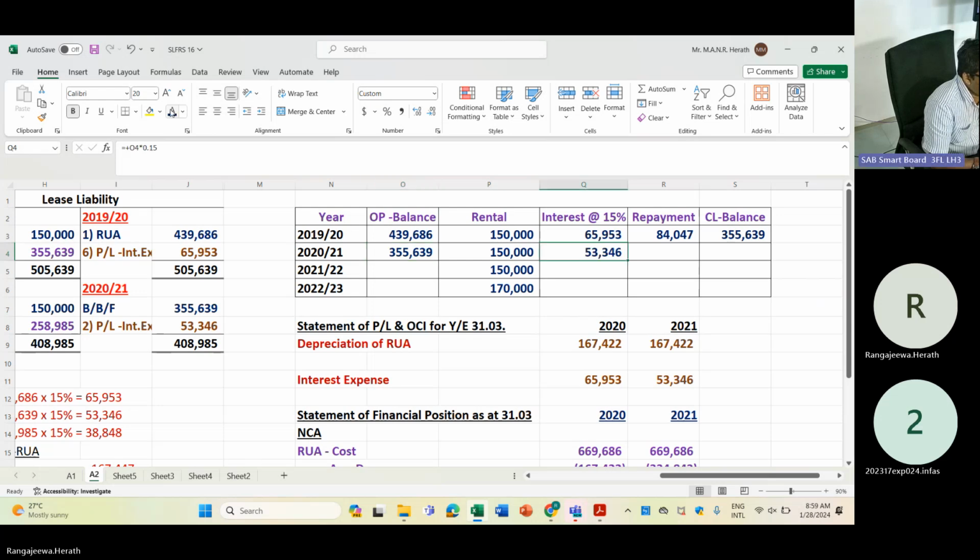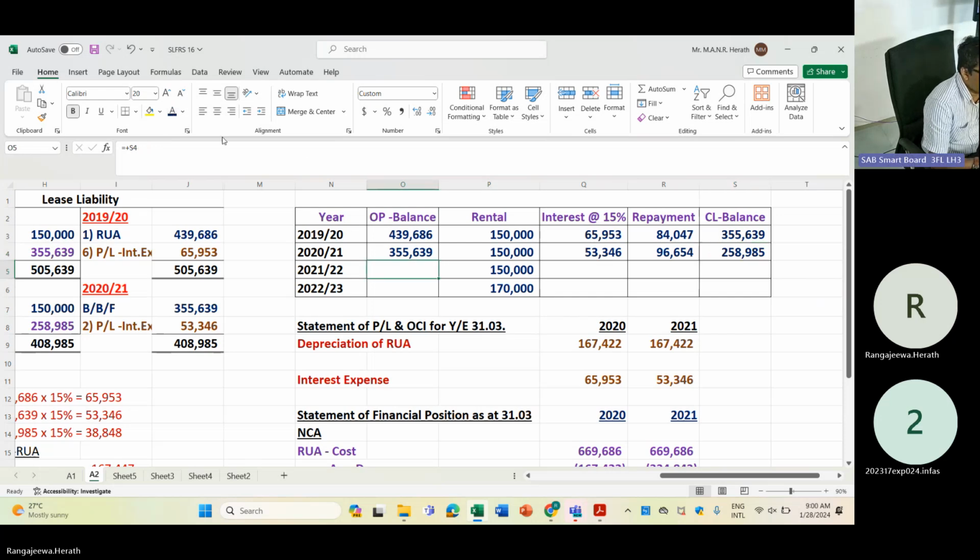The interest 3,346. This balance into 15%. Then the repayment 150 minus 53, 96. Then out of the 355, when you deduct 96, you have 258.